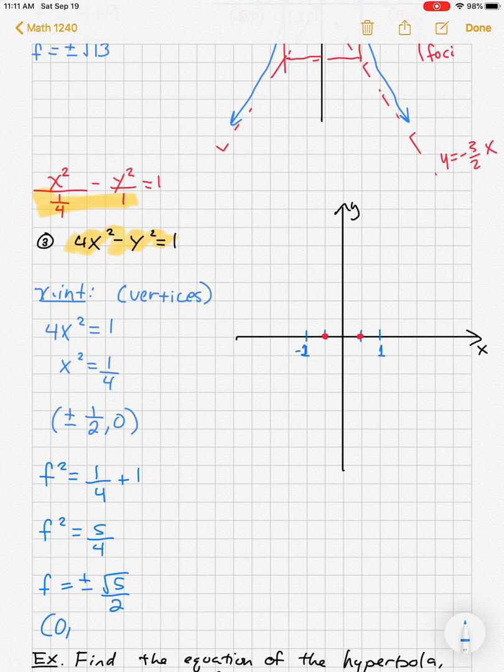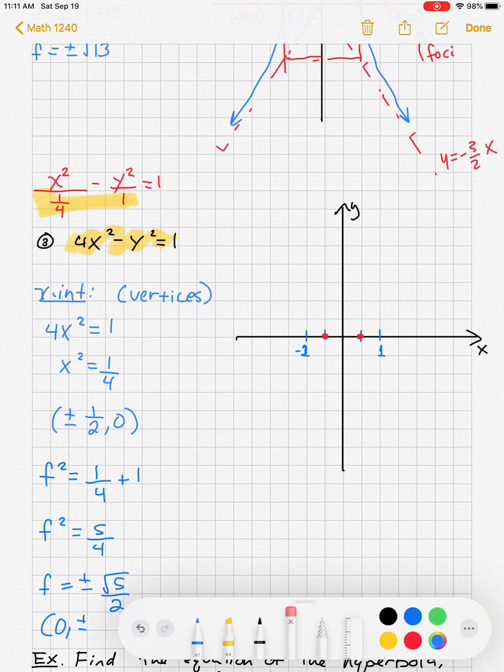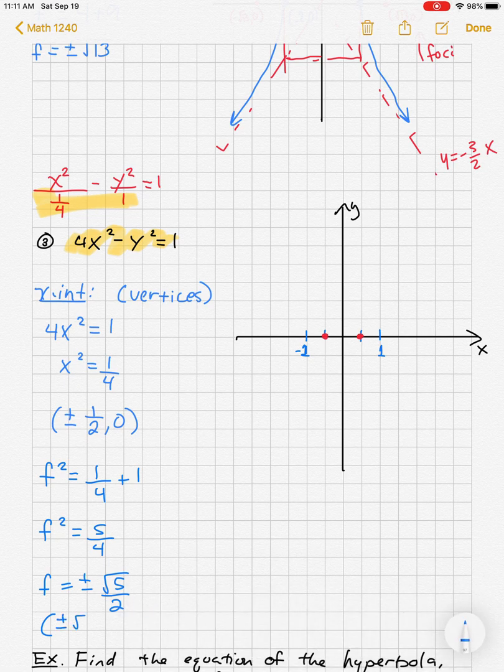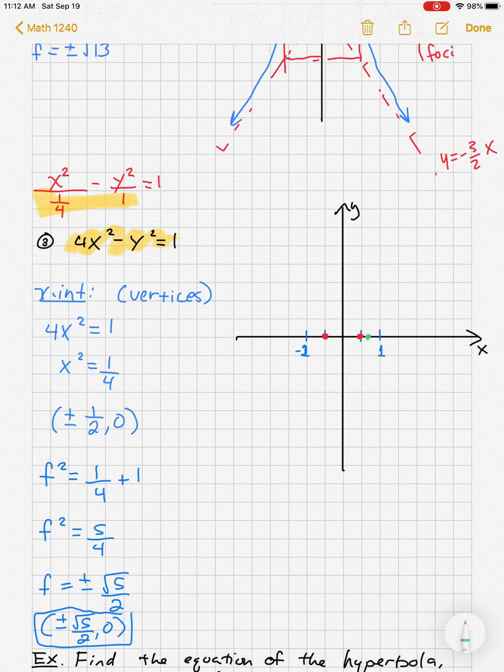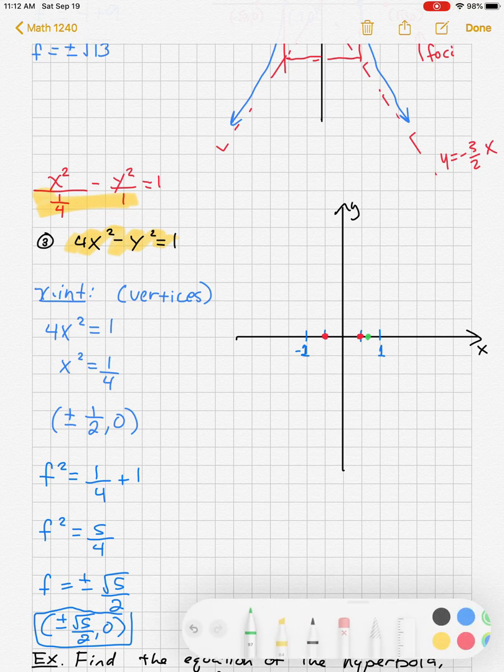So these guys are 0. Wrong axis. These guys are plus minus root 5 over 2, 0. And so those are somewhere a little bit bigger than 1. Oops, that's a half. Be careful with the scale.